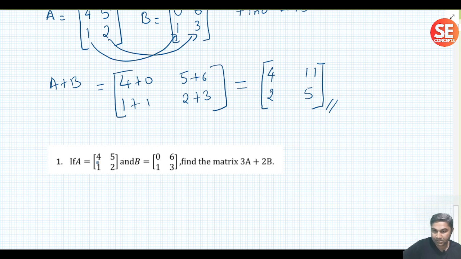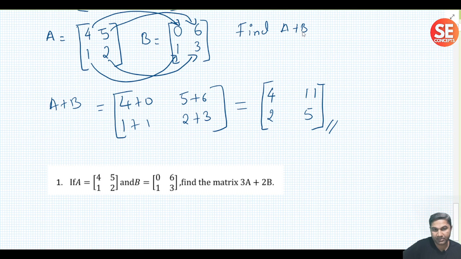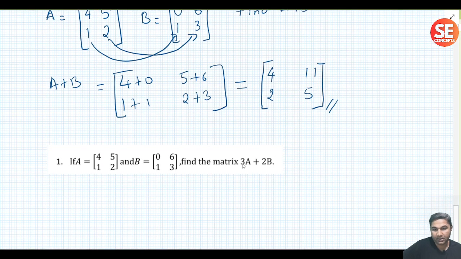So you have to write A and B. Instead of only A plus B, they have given 3A plus 2B. You already have A, now you need to make 3A.